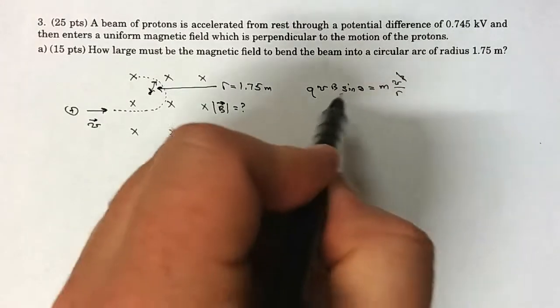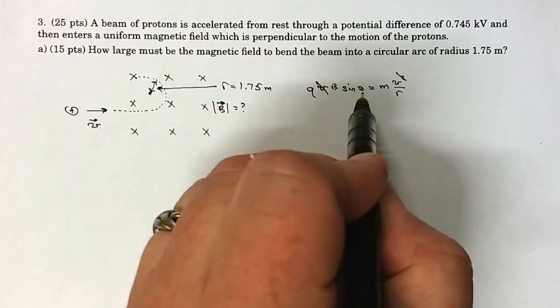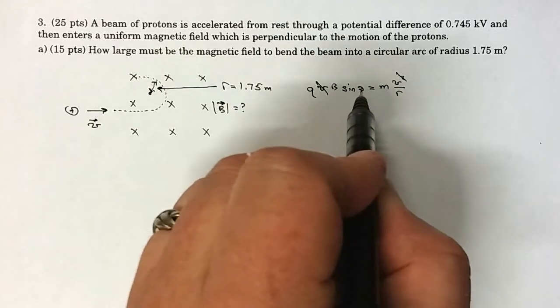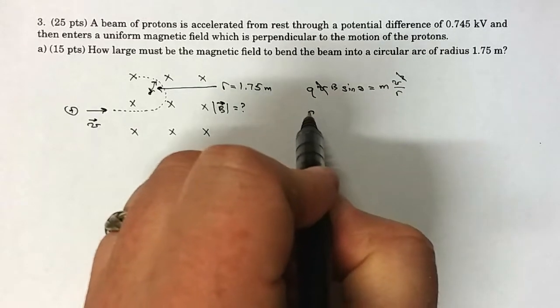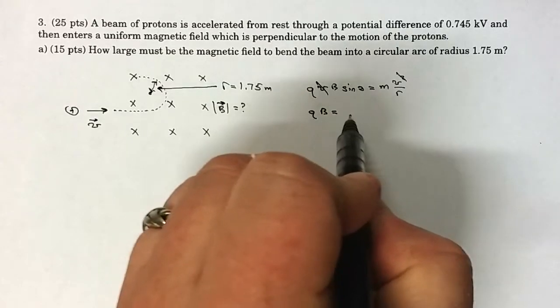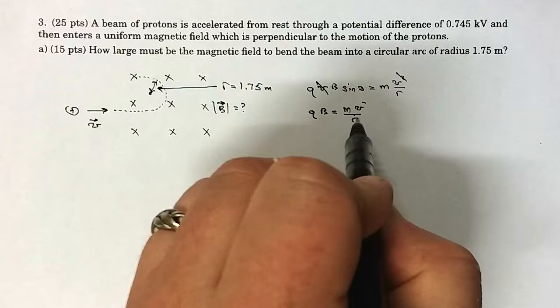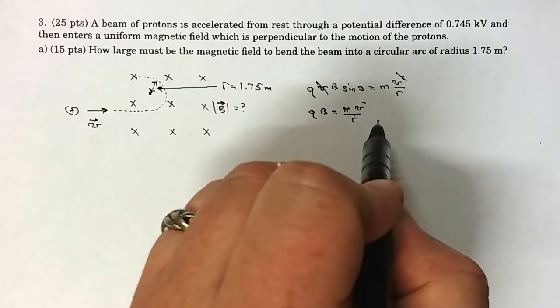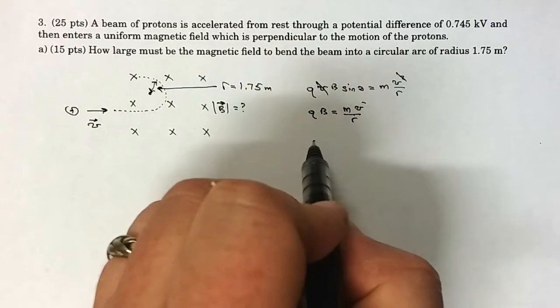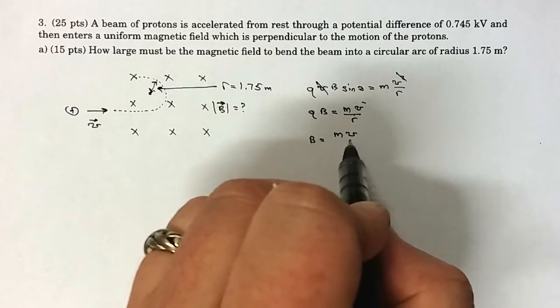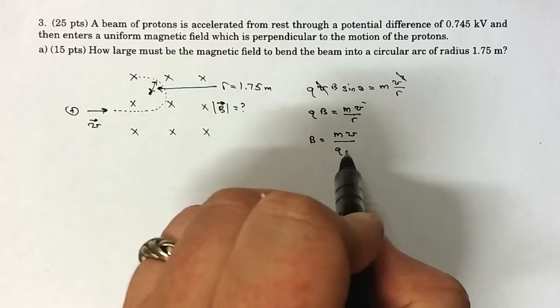So this v and that cancel. Since the magnetic field and the velocity are perpendicular, theta is 90 degrees and sine of theta is 1. So we get qB is equal to mv over r. Then we need to solve for B. So that gives mv over qr.